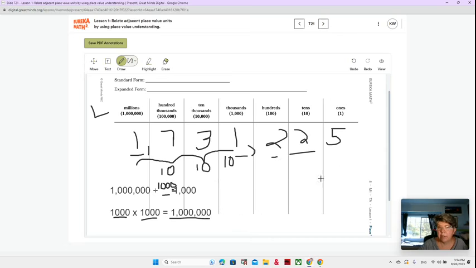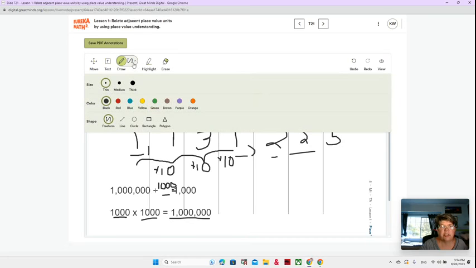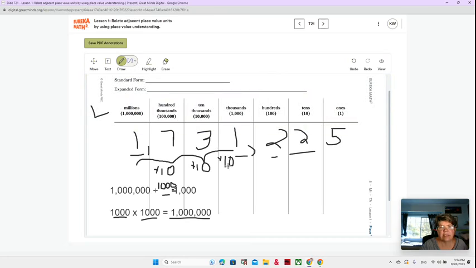Are you following along with this on your board? Make sure you're writing it and not just watching it. I'm not a TV, I'm a math teacher, so you've got to be connected with me here. Make sure you have your number written out, and then you're using your arrows to show that we're multiplying by 10, multiplying by 10 more, and multiplying by 10 more, literally jumping across these lines 1 time, 2 times, 3 times.